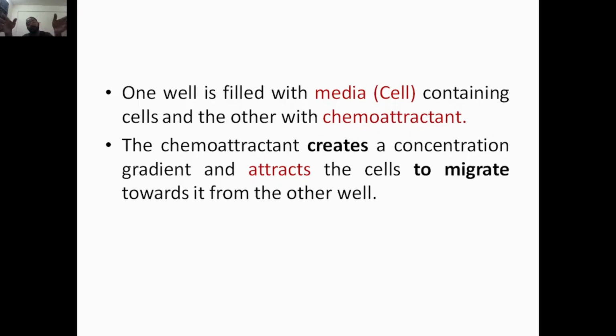And here, because of the concentration gradient also, migration will be there. So we use the agarose assay with the help of the concentration gradient, where on one side you put the cell media and cells in one well, whereas on the other side you put chemoattractants, and the chemoattractants will attract the cells, so the cells will start migrating. You can see that, and the migration can be visualized under UV luminescence.